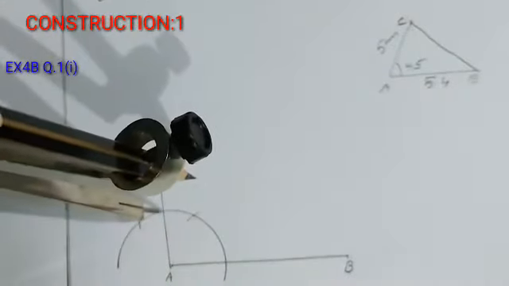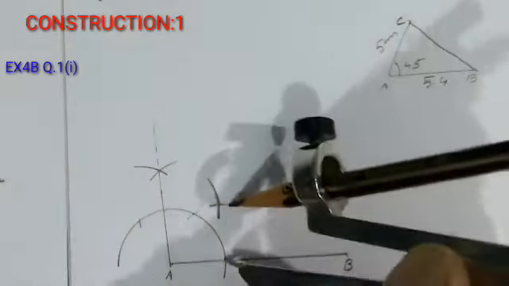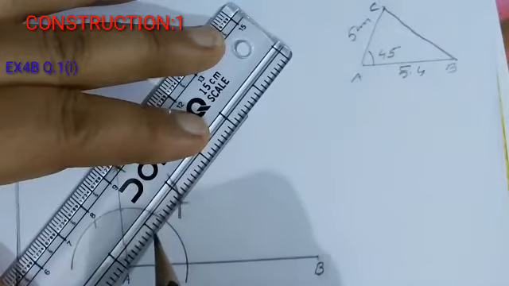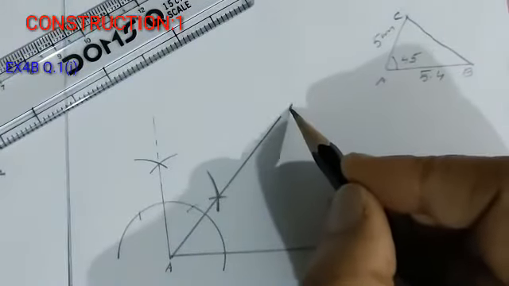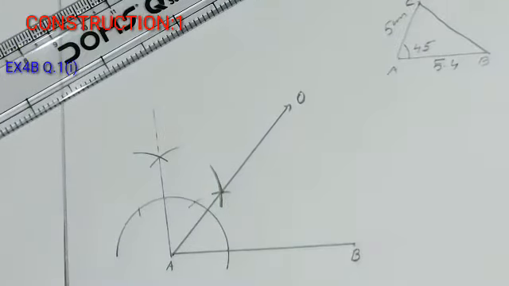So let's bisect it. Let this ray be O. Hence, angle OAB measures 45 degree.